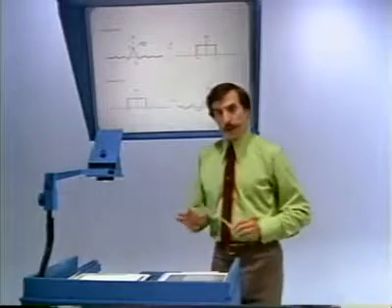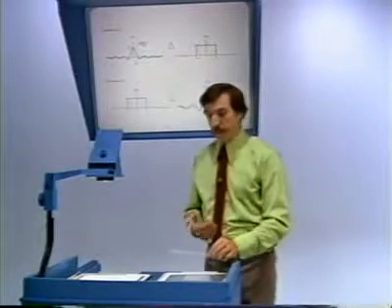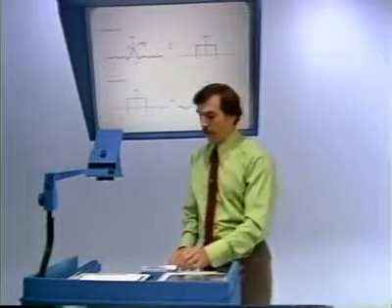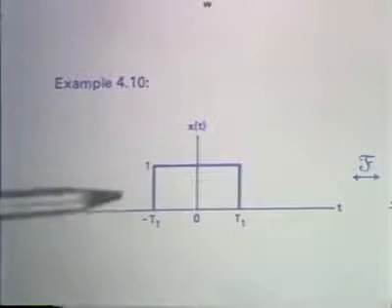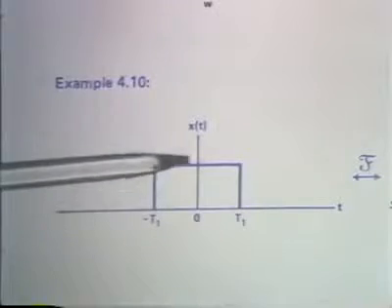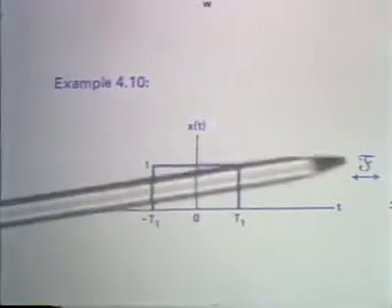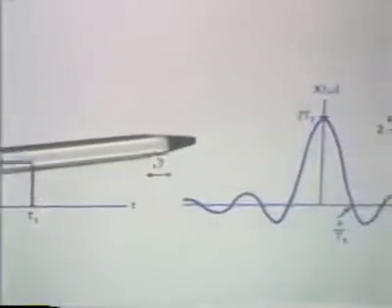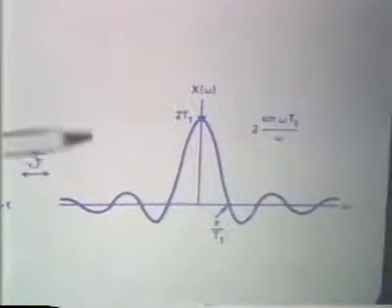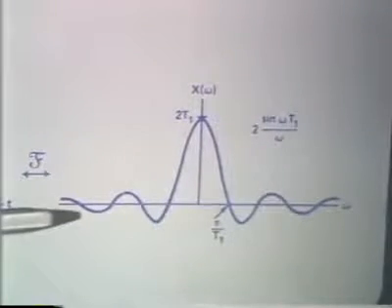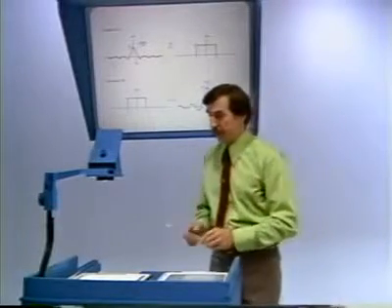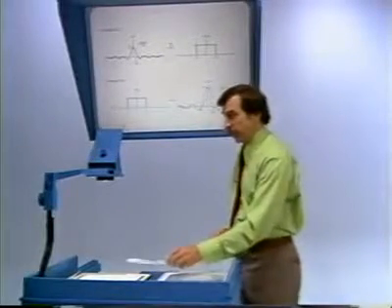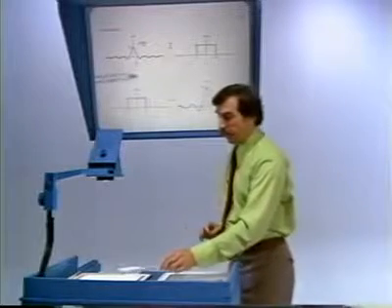There's also another example in the text, the example that precedes this one, which is example 4.10. And in example 4.10, we begin with a rectangle, and its Fourier transform is of the form of a sine x over x function. So in fact, if we look at these two examples together, what we see is the duality very evident.